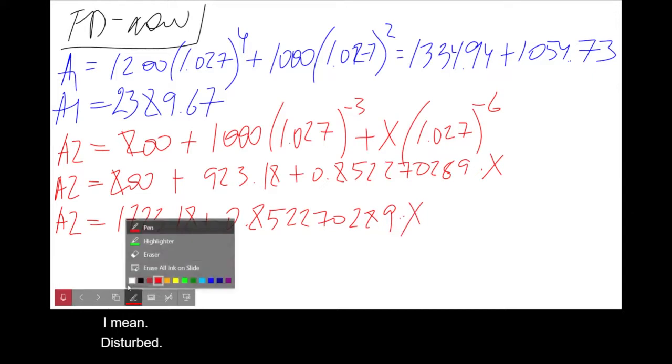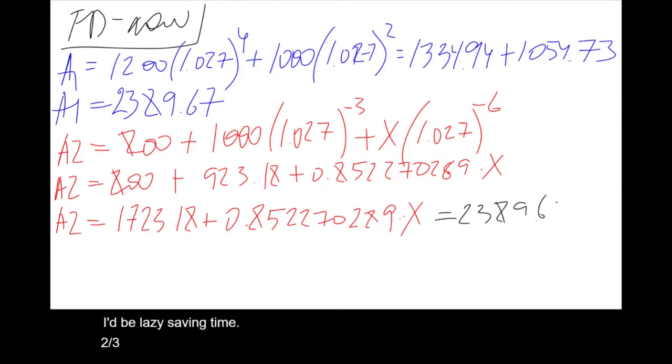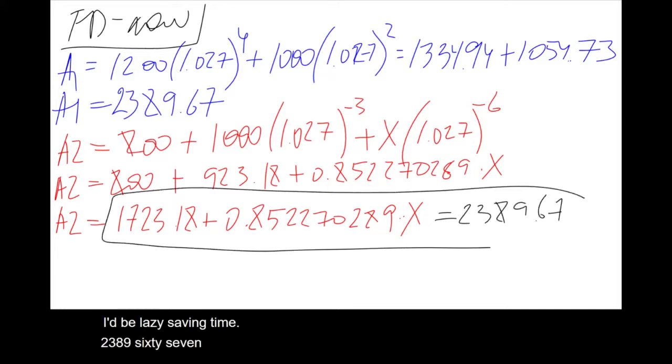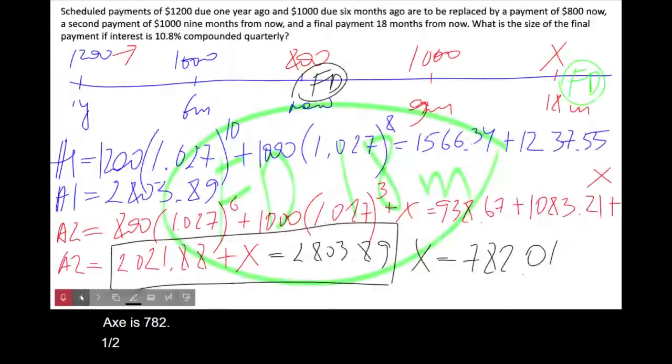And again, I'll be lazy, saving time: 2389.67. That's the equation. So let's see, X is 782.02. What did we have?